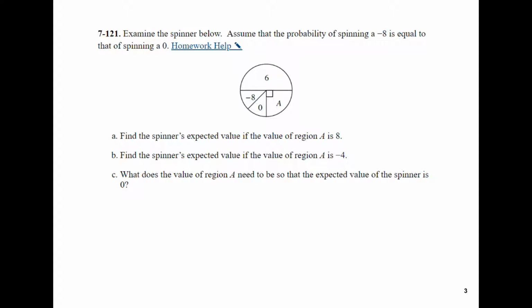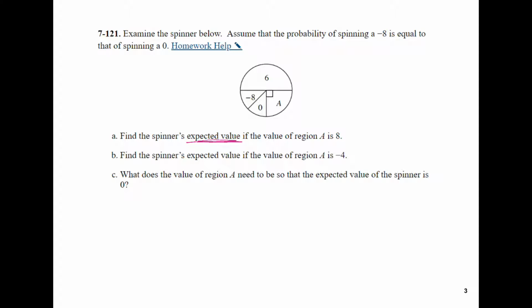Problem 7-121 says, examine the spinner below. Assume that the probability of spinning a -8 is equal to that of spinning a 0. Find the spinner's expected value if the value of region A is 8. In order to find the expected value, we take the probability of each section times the number in the section and add them all together.